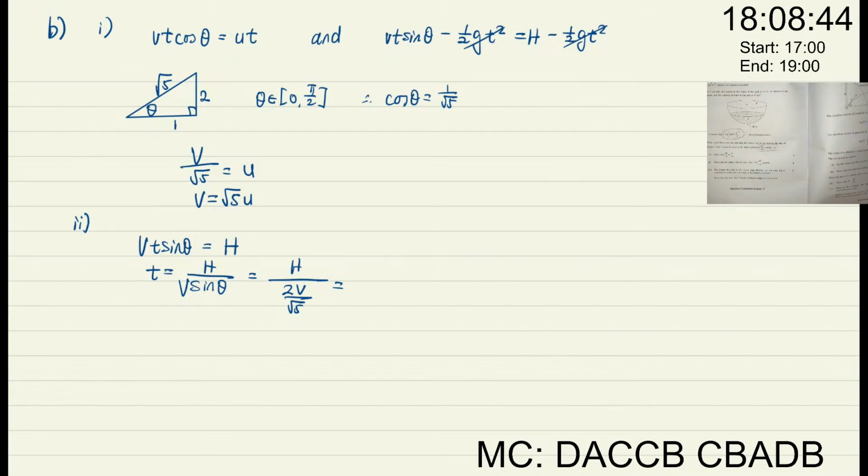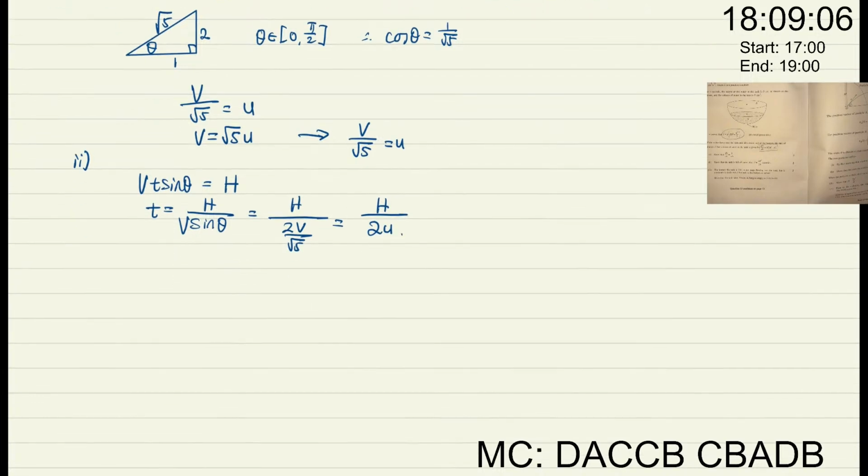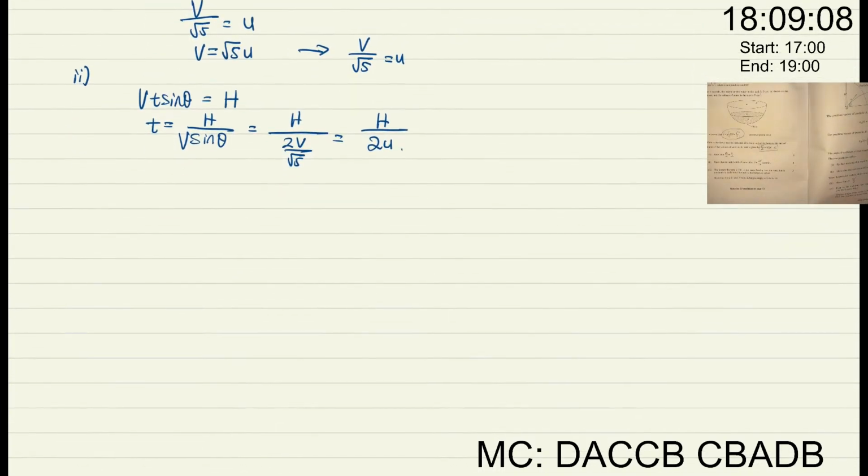Show that the particle at time t. Okay, probably an algebra mistake somewhere from me. Oh, of course not. Okay. Because we know that v on root 5 is u. Yay, go me. When the particles collide, their velocity vectors are perpendicular.